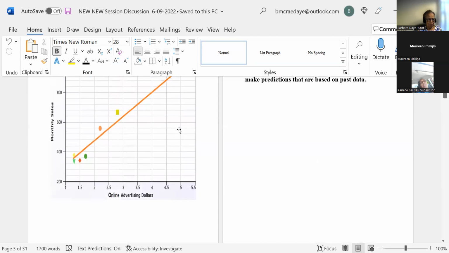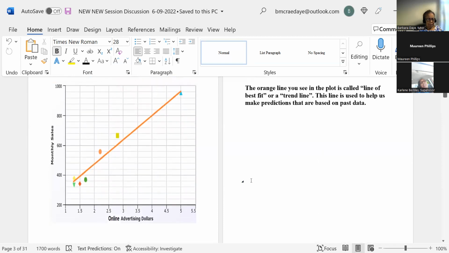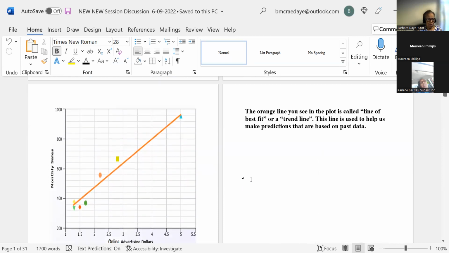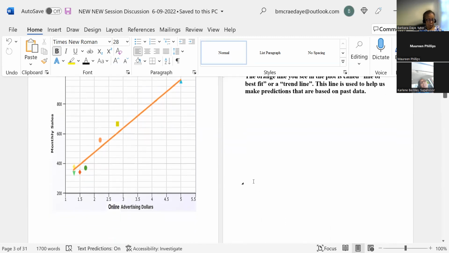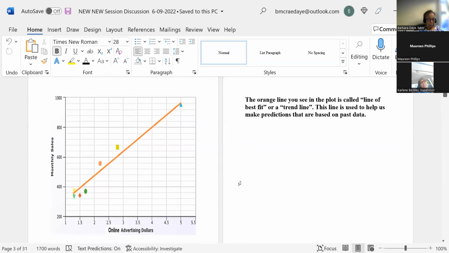Basically, when you give them one of these, and this is true of any graph, you should know what the graph is, and you should know what is being compared. In other words, dollars and monthly sales.